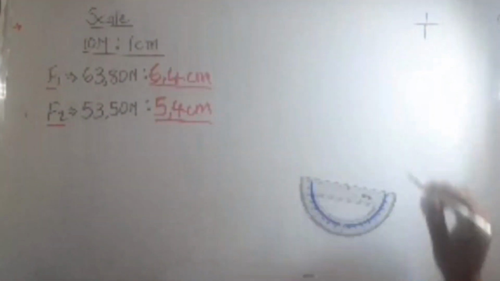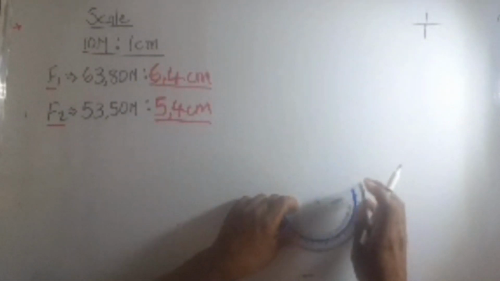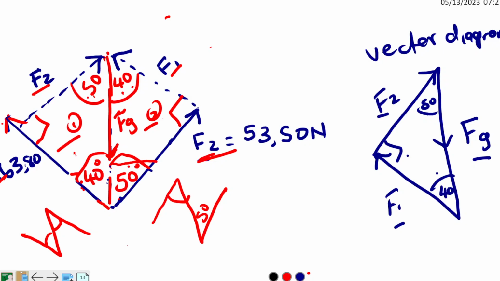This is where we will start measuring our angles. So going back to your simplified vector triangle, the first thing that we will do now, we will measure this 50 angle. So we are starting here. We are going to measure this 50 angle.